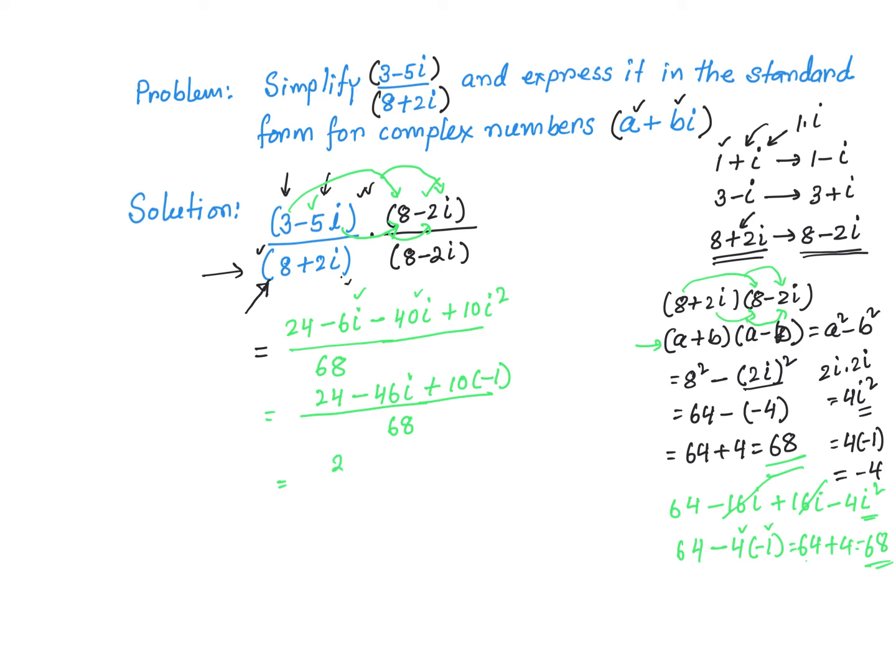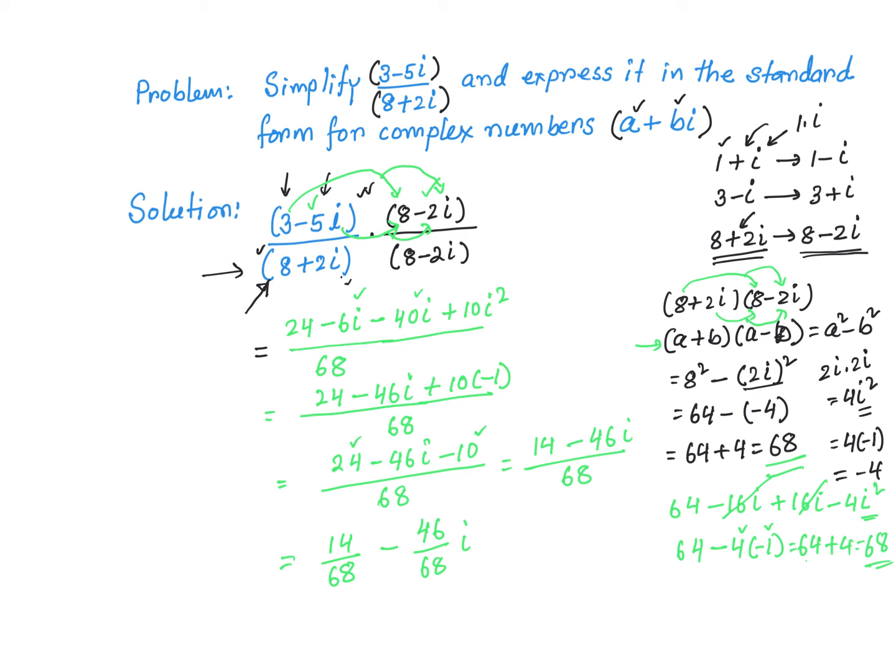So it's going to be 24 minus 46i minus 10, divided by 68, which gives you 24 minus 10 is 14, minus 46i, divided by 68. You can break it down into two pieces. So it's going to be 14 over 68 minus 46 over 68 times i.